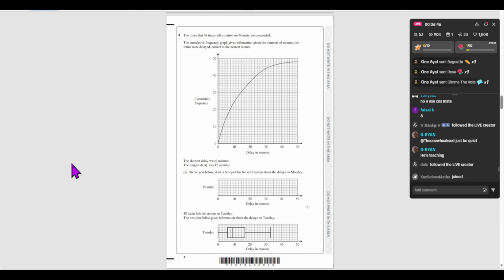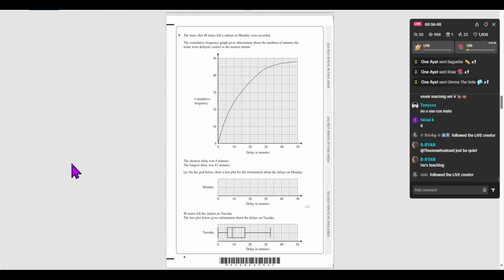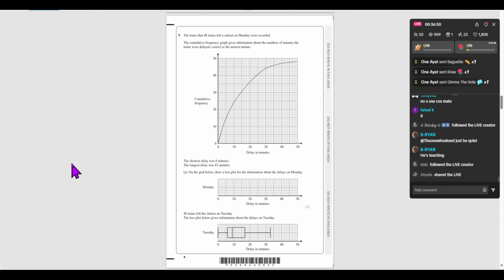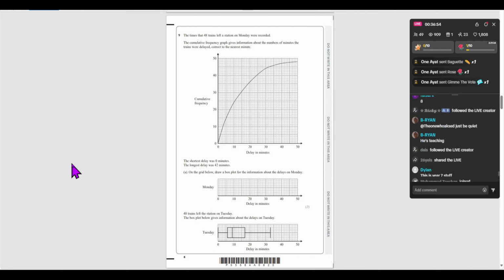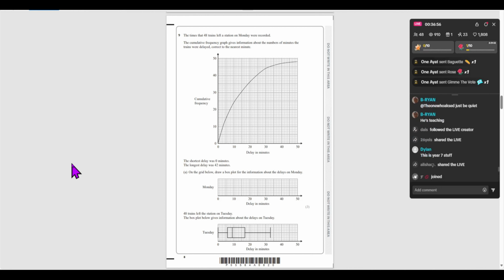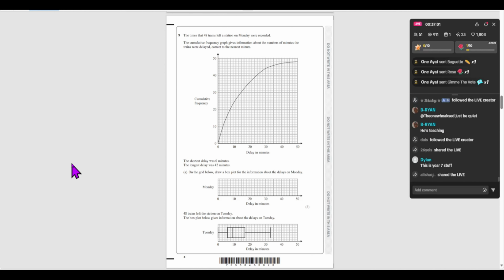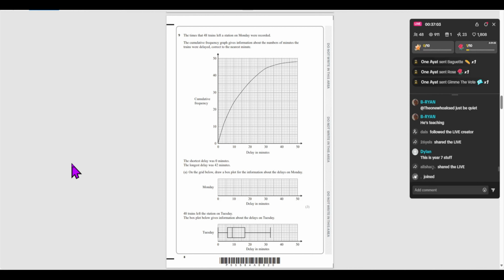Okay? On the grid below, draw a box plot for the information about the delays on Monday.